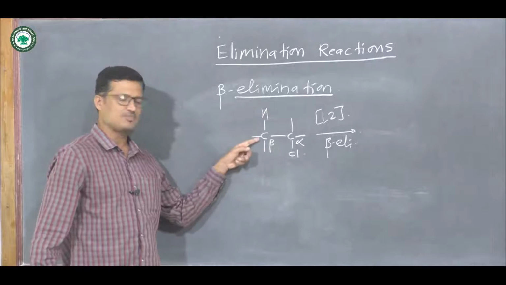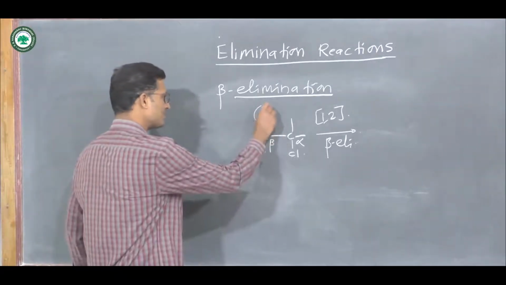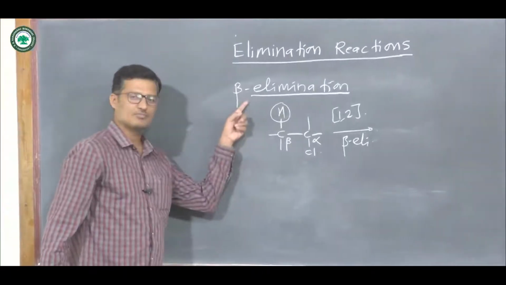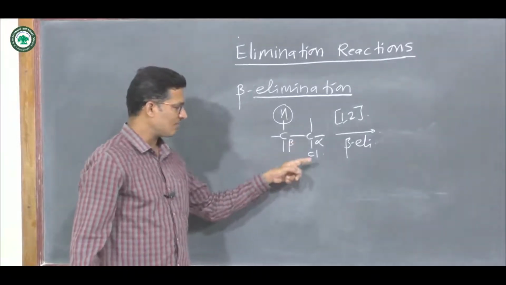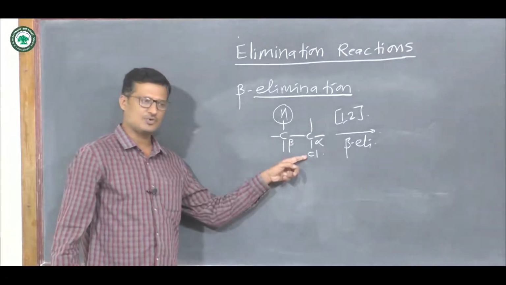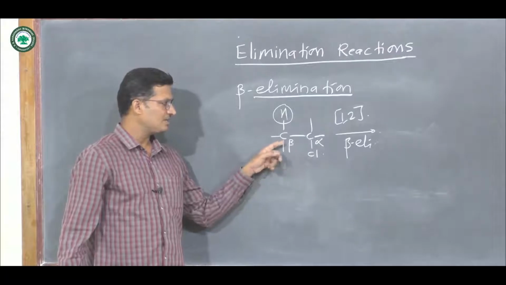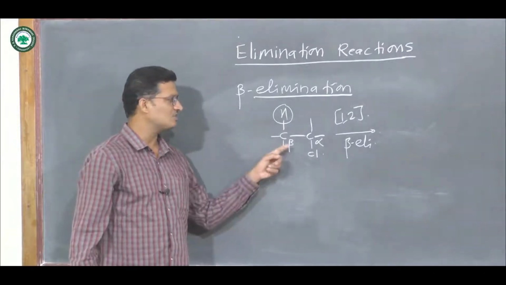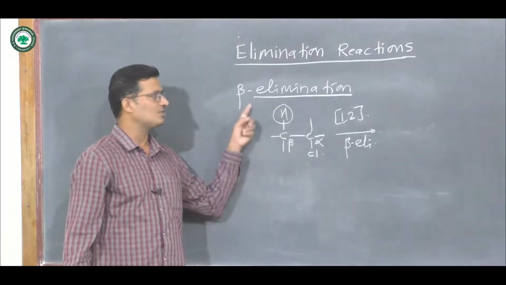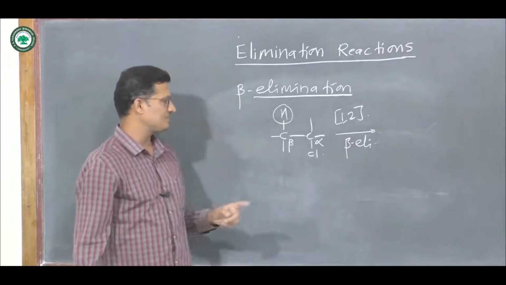It means at the beta carbon we remove a group, and suppose this group is a hydrogen, then we call it a beta elimination reaction. At the alpha carbon there is chlorine, which is the leaving group, this group is removed from the alpha carbon, and the hydrogen we remove from the beta carbon. All such types of examples or reactions we call beta elimination. So this is the example of beta elimination.